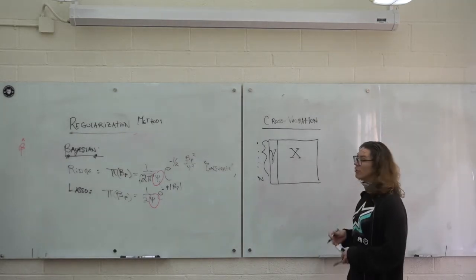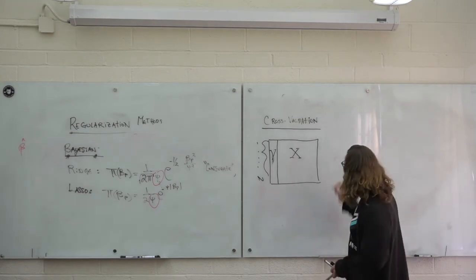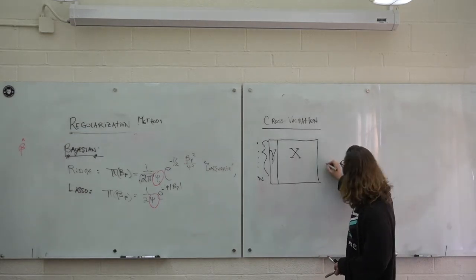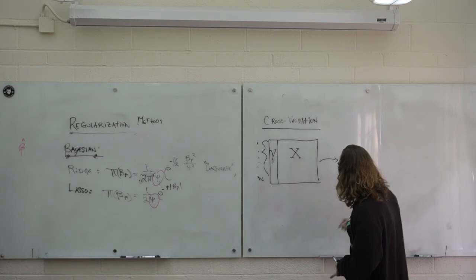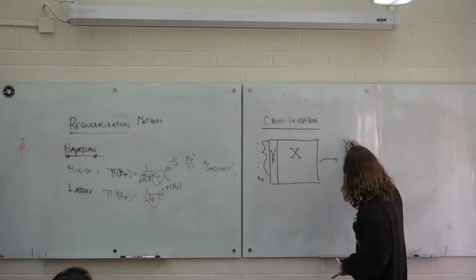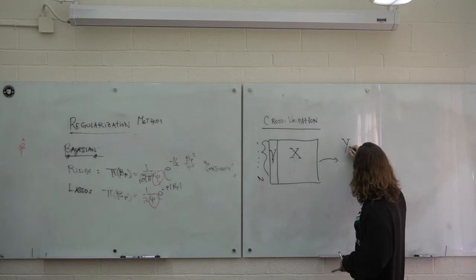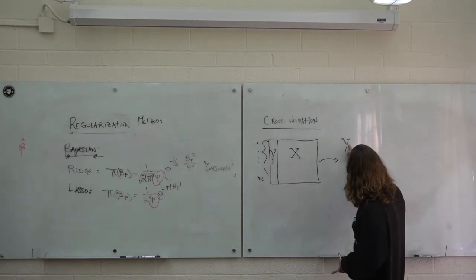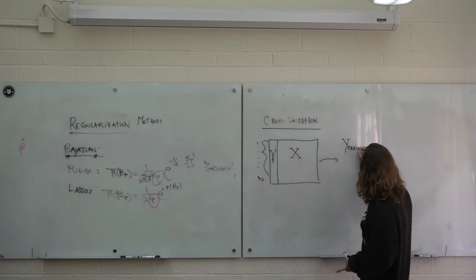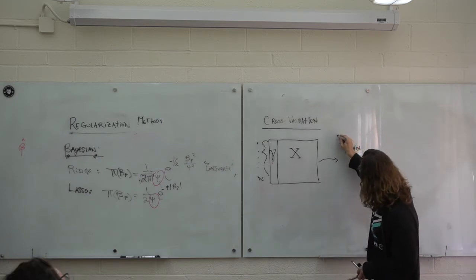There's a lot of cross-validation strategies. We'll talk about 1 or 2 of them. But what we're going to do is break this data set up. So I'm going to come up with y, and I'm just going to give them some names. This is y training.